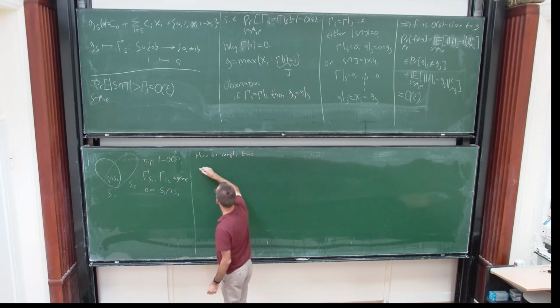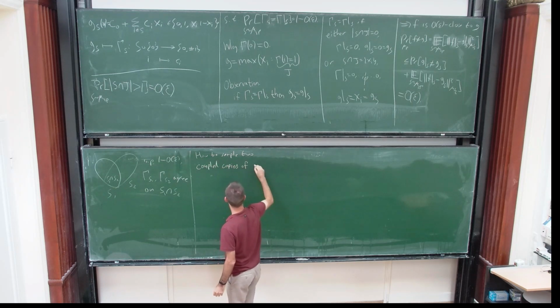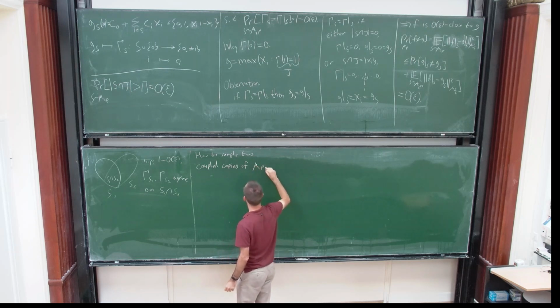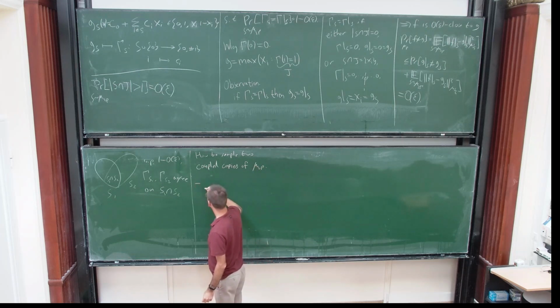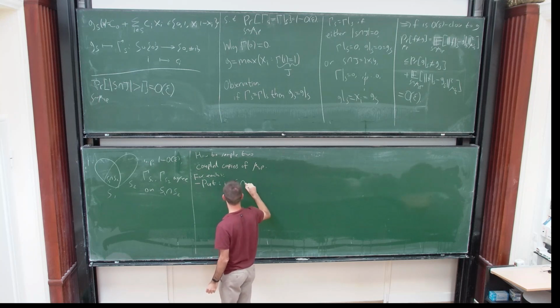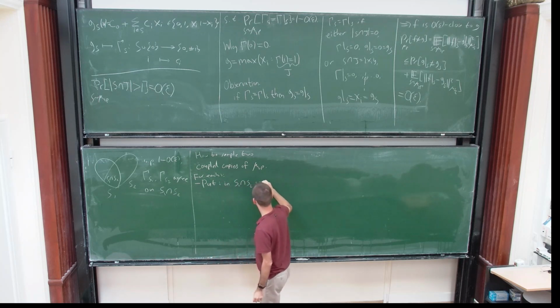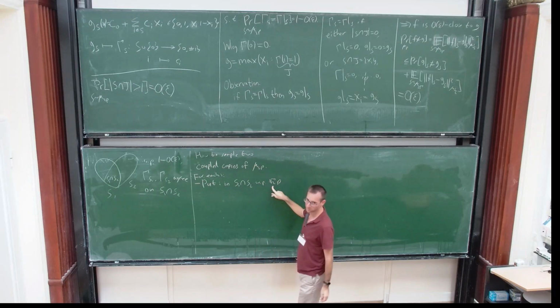How to sample two coupled copies of mu2p. So for each I, we put I in S1 and in S2 with probability square root 2 times p. I mean, this can be any number between 1 and 2.